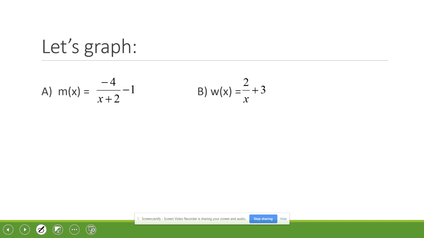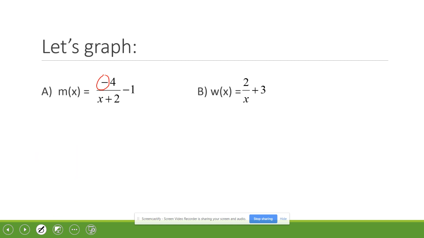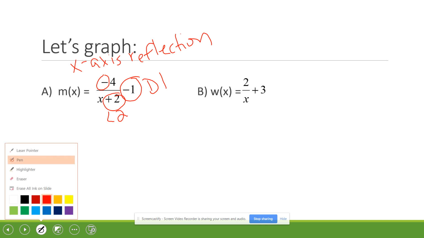All right, let's try a couple. So here, for example, A is our 4 over x. And so this negative is going to be an x-axis reflection. This plus 2 is going to be left 2, and the minus 1 is going to be a down 1.